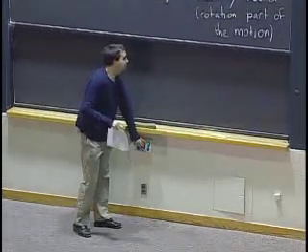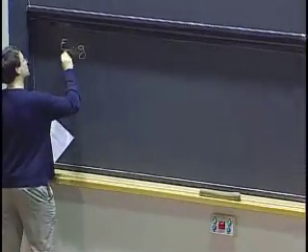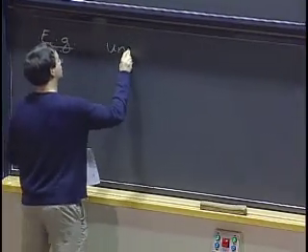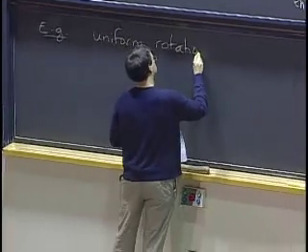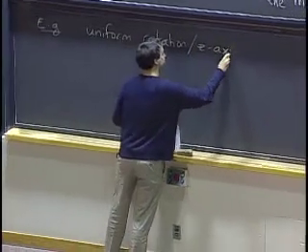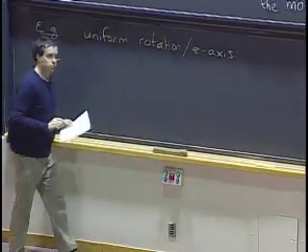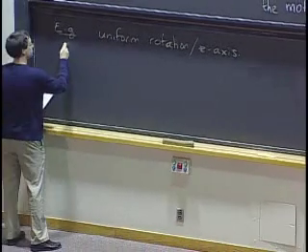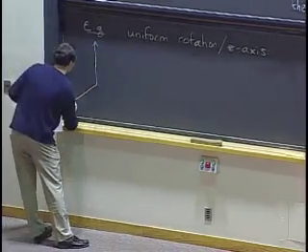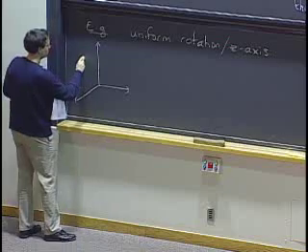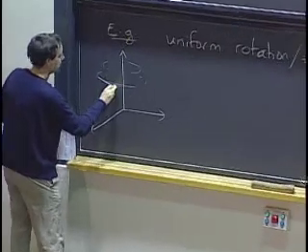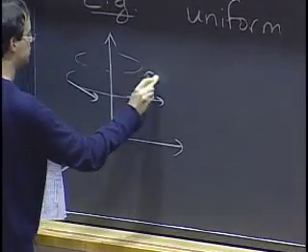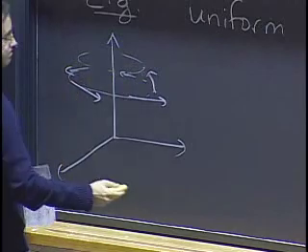Just to remind you, we've seen this a couple of times: if I give you a uniform rotation motion about the z-axis, that's a vector field in which the trajectories are circles centered on the z-axis, and our vector field is tangent to each of these circles.